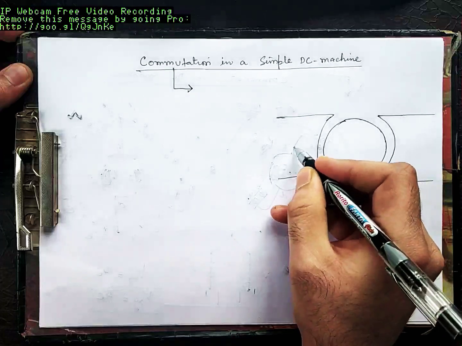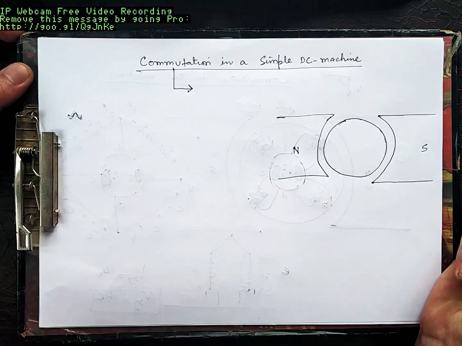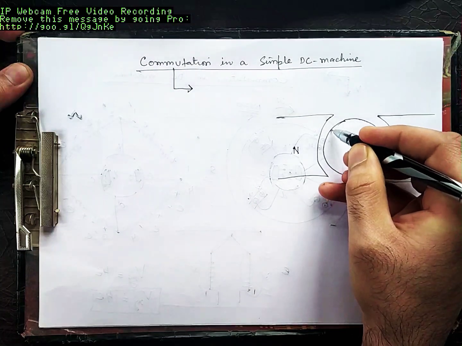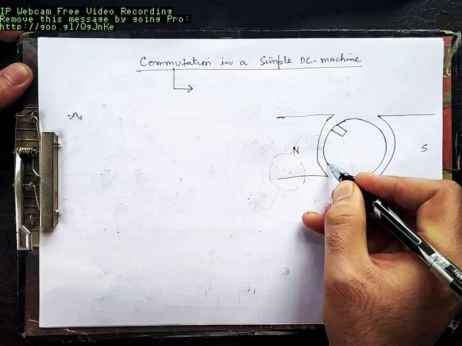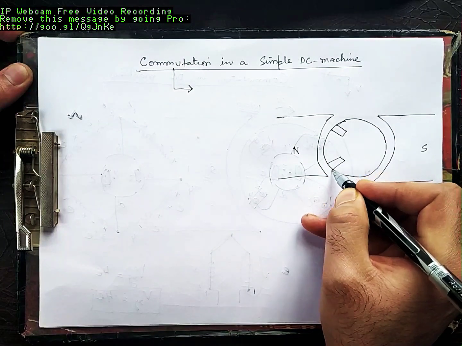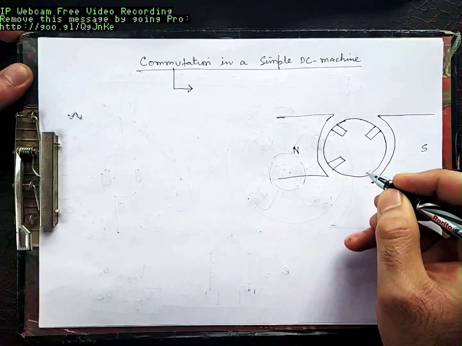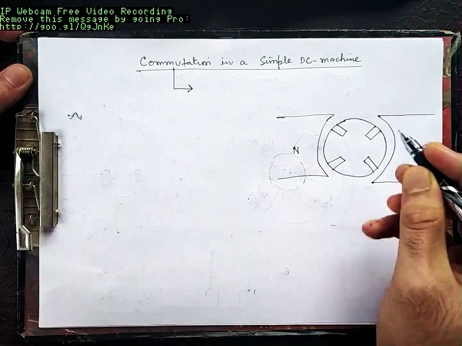This is the North Pole, this is the South Pole. This is the rotor of the machine. In this machine, we have slots for the winding.